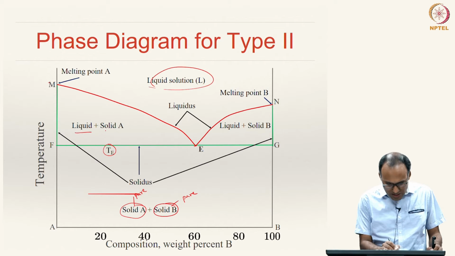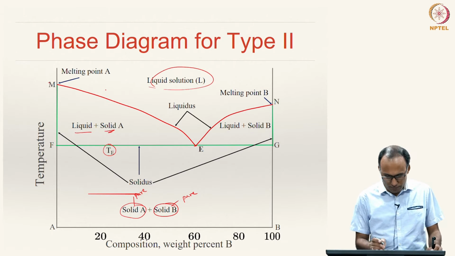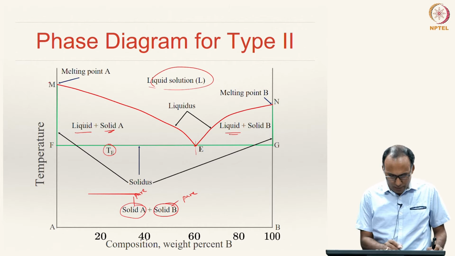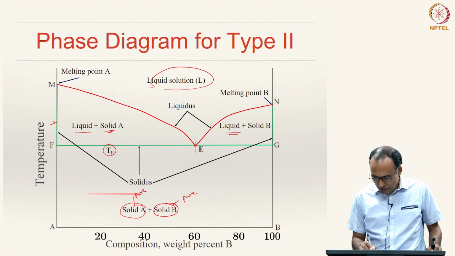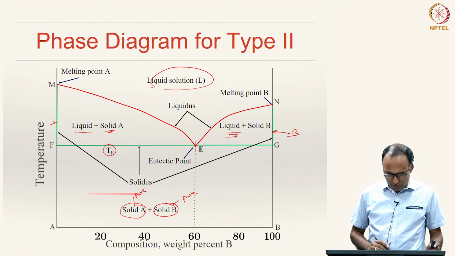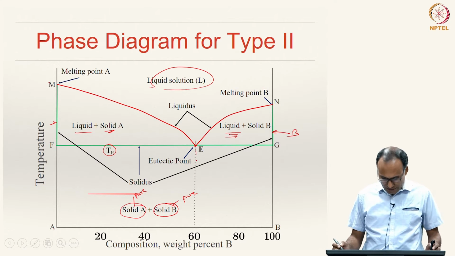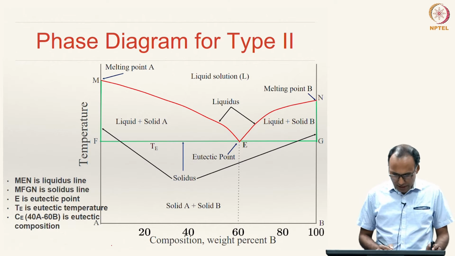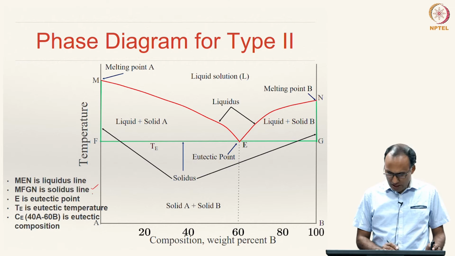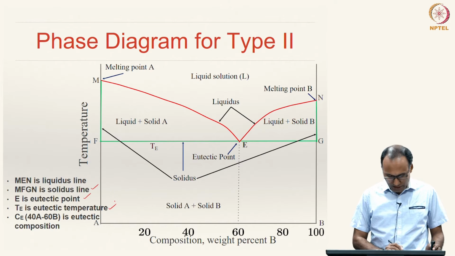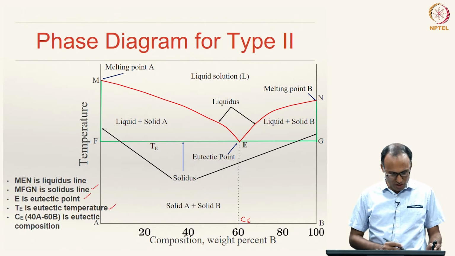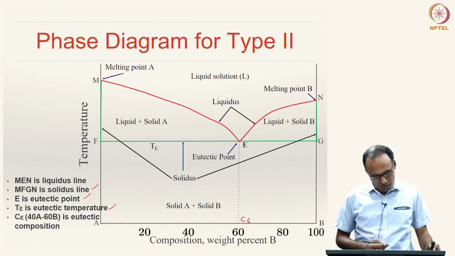This is liquid plus solid A. To the left of E you will have liquid plus solid A, because on this side the solid is solid A, and to the right of that, liquid plus solid B, because on the right side you have B. And this is our eutectic point at 60 B. As we have already discussed, MEN is our liquidus line, MFGN is our solidus line, E is our eutectic point, TE is our eutectic temperature, and CE, the composition at E, is our eutectic composition, which is 40 A and 60 B, or we can simply say 60 B.